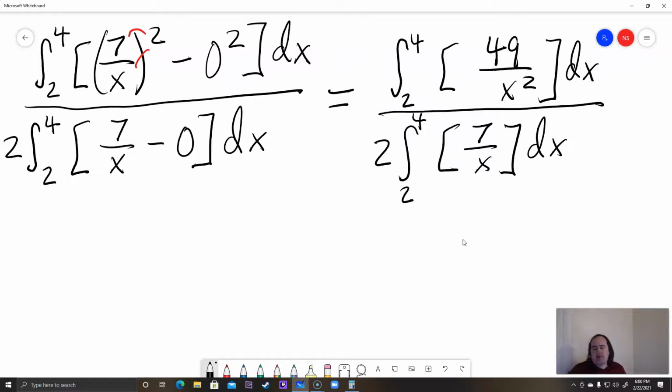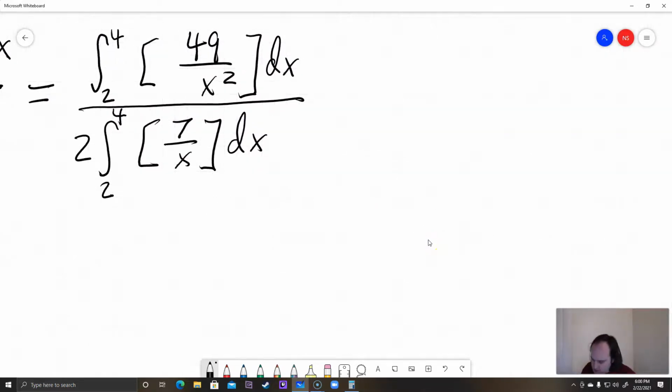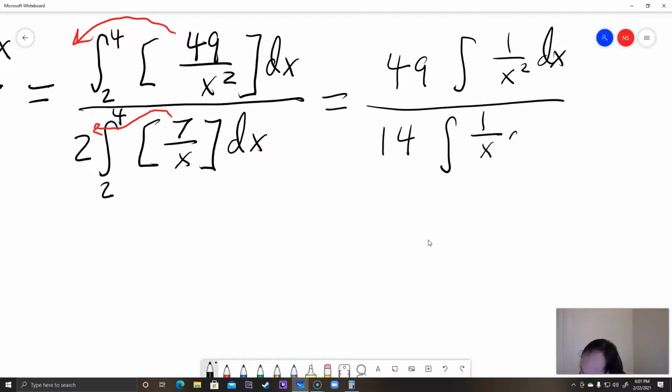Okay, and just like in the last part of the problem, we can factor out these constants. So we can factor out a 49 on the top, and we can also factor out a 7 on the bottom. So if we bring out that 49 and also this 7, we're going to have 49 times the integral of 1 over x squared dx all over 2 times 7 is 14 times the integral of 1 over x dx.